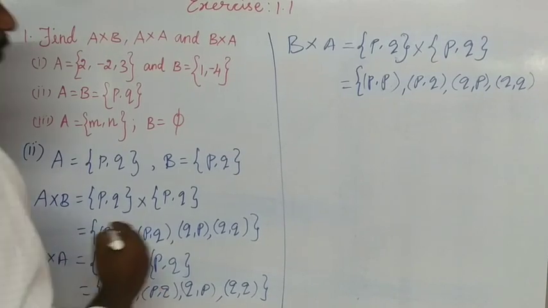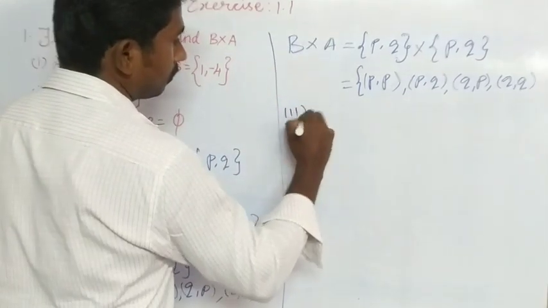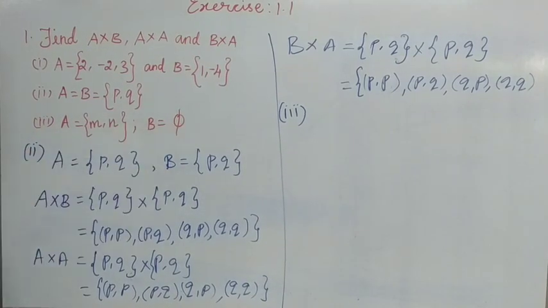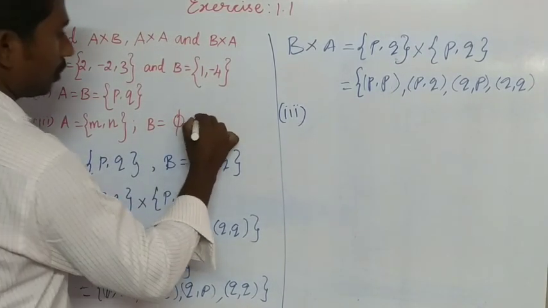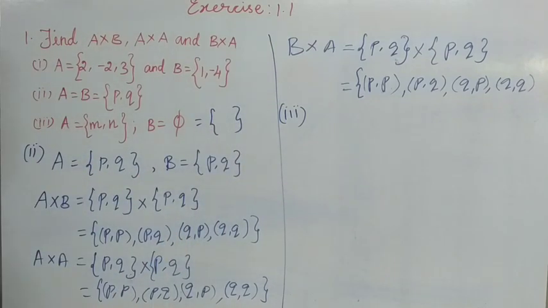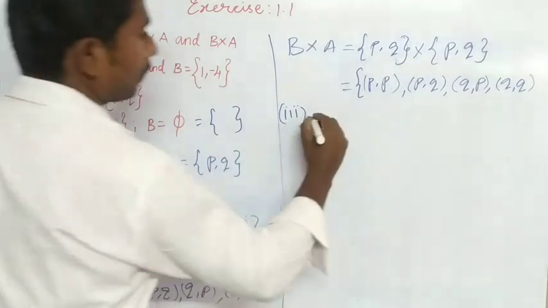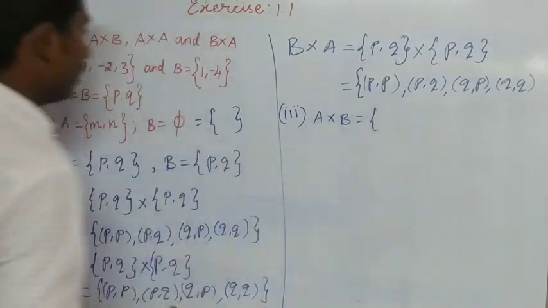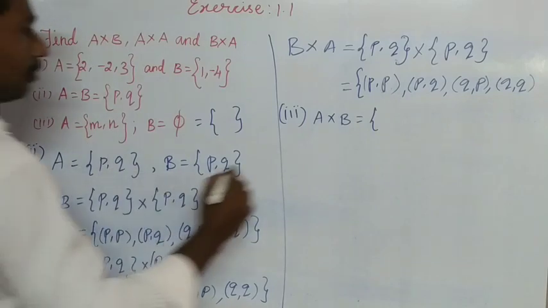Next the third problem. What is the third one? A is equal to {M, N} and B is equal to null set, that is empty set. There is no element in the set. That is null set. Okay. So now first we have to find A cross B for the problem. So A cross B is equal to, what are the elements of A for the third one? {M, N}.